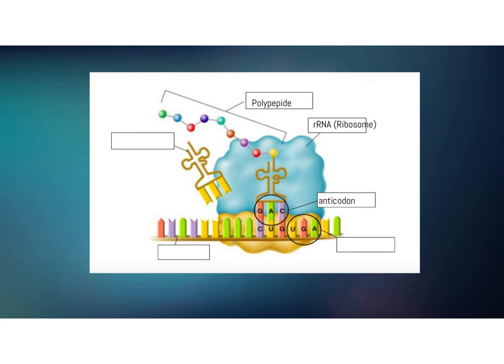It's being made based off of a particular anticodon. Okay, it's an anticodon because it's opposite of the codon message on mRNA. Okay, and what happens is we have our anticodon paired up with our codon. It recruits a certain amino acid to be attached to another one, and the thing that carries it is called tRNA. Okay, so go ahead and try to tell that story on your own.